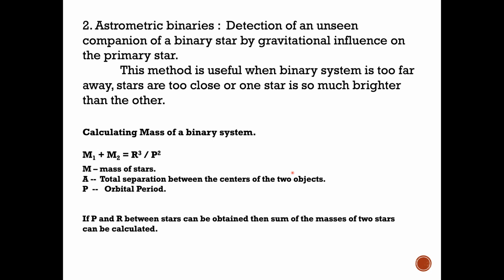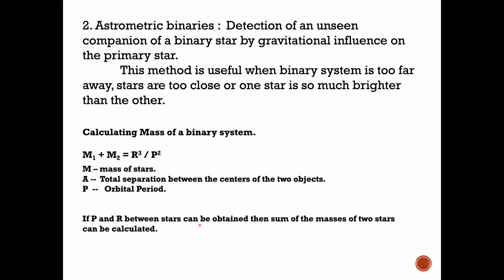You can even calculate the mass of a binary star system using this particular equation that you see here. If the system's masses are, let's say, m1 plus m2, then the total mass of the system should be equal to r to the power 3 over p squared, right? So this is basically Kepler's law that we have discussed before.